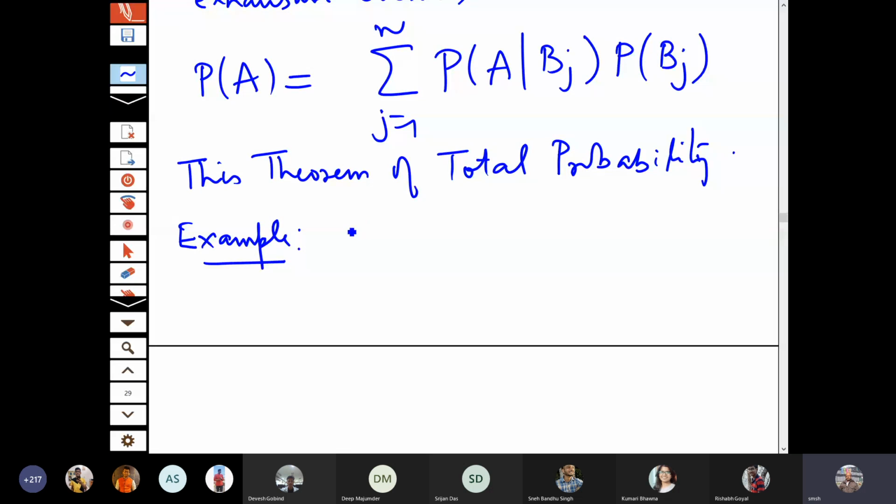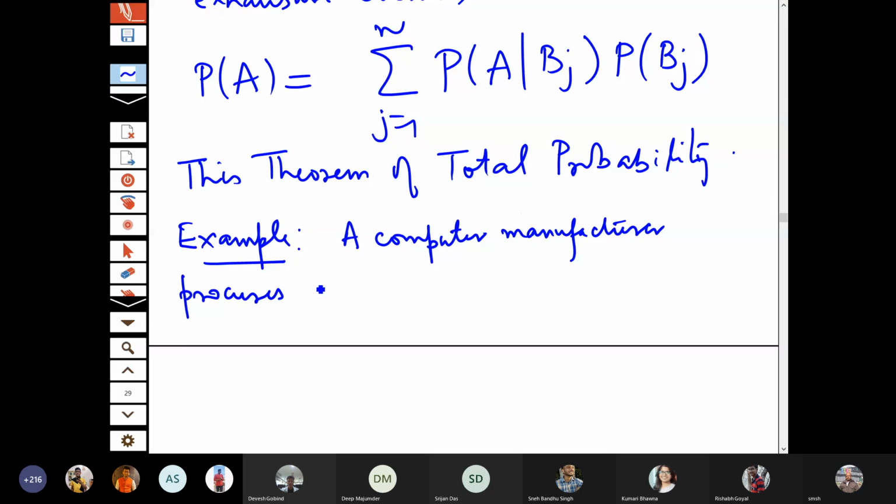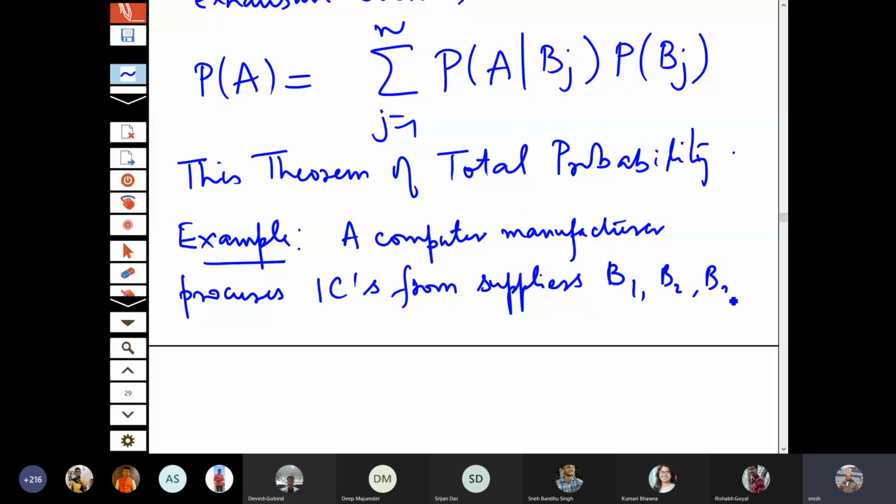A computer manufacturer procures ICs, integrated circuits, from suppliers say B1, B2, B3.